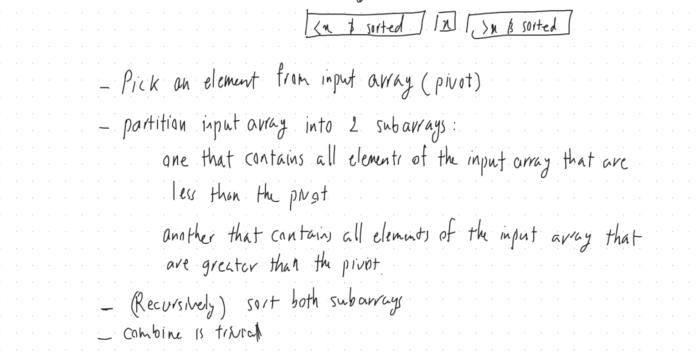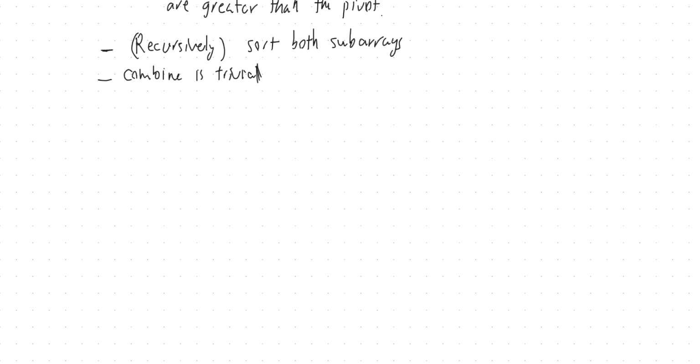That's the idea. Now, before getting into the actual implementation and the details, let me tell you how we choose the pivot here, because the first step is choosing a pivot. And as it turns out, it's very important how you choose the pivot. Now, some options for choosing the pivot are as follows.